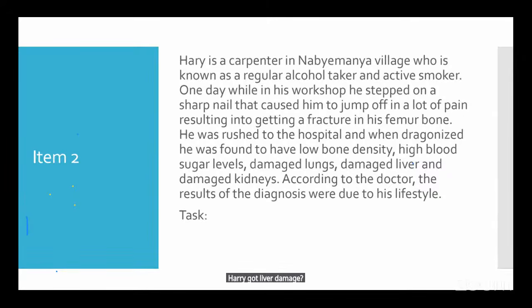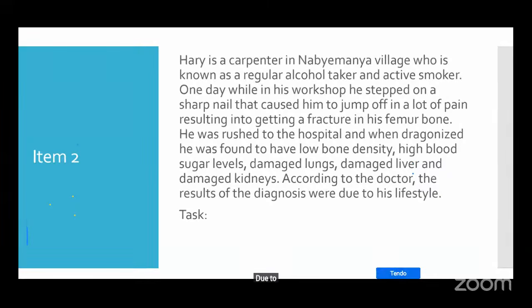Since Harry is a regular alcohol taker, it led to overworking of the liver during continuous detoxification of substances in the alcohol, leading to damaging of the liver. Okay, thank you.